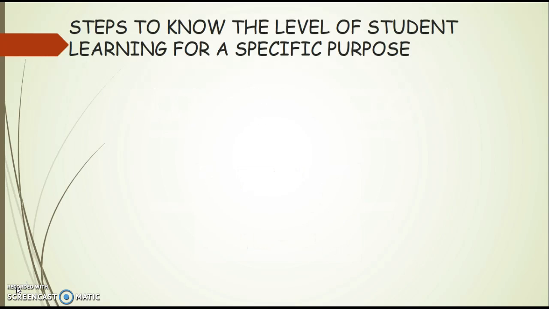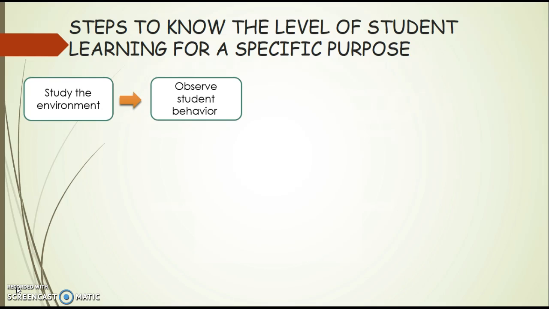Steps to know the level of students learning for a specific purpose. First, you have to study the environment, observe the student behavior, determine objectives of evaluation.